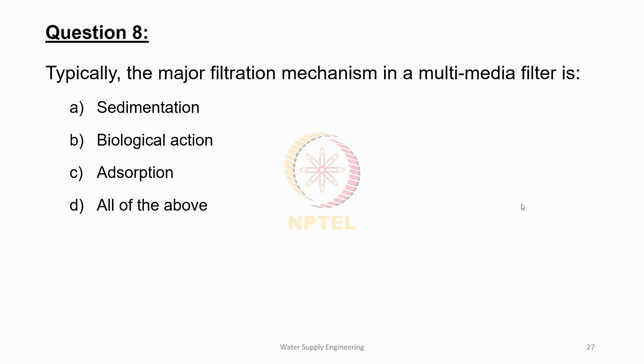Option D, all of the above. So in the case of a multimedia filter, which is the major filtration mechanism?